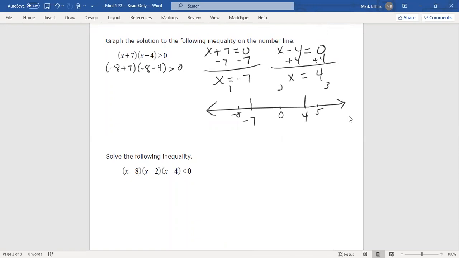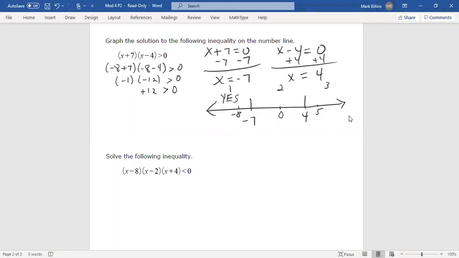So -8 plus 7 is -1. -8 minus 4 is -12. And -1 times -12 is +12. This gives me a true statement because +12 is greater than 0. So yes, this worked. So any number that I would choose in this region would be a solution for my polynomial.